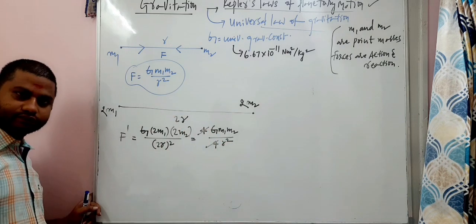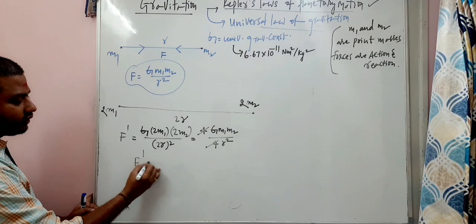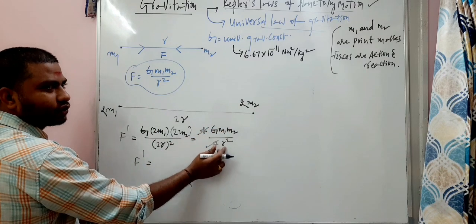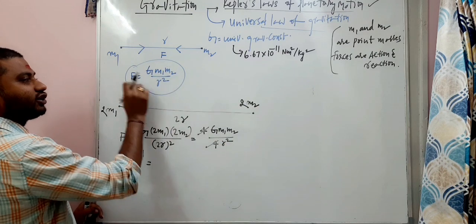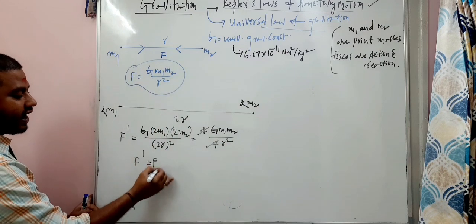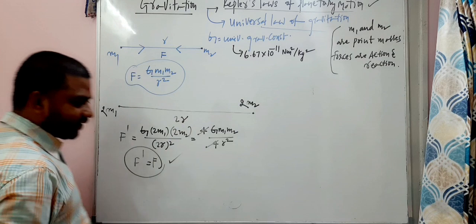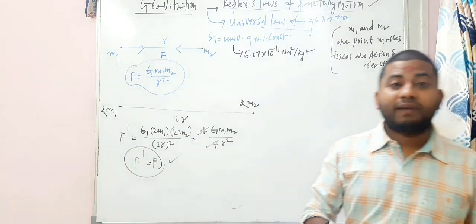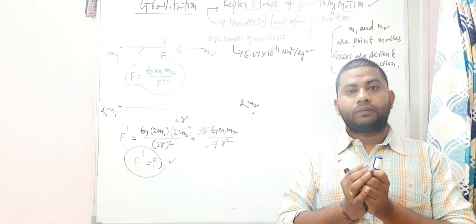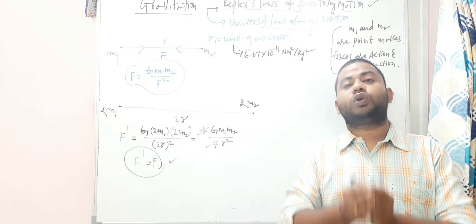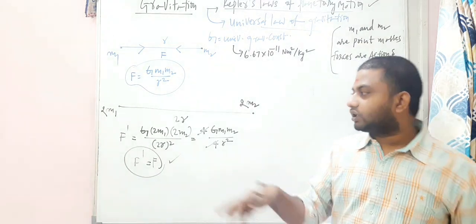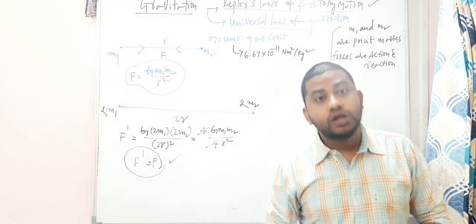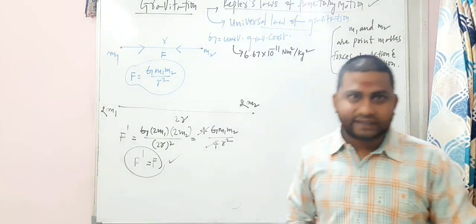The 4 cancels. The new gravitational force in the second case is equal to G m1 m2 by r square, which is already F, my dear students. Look at this very interesting expression. When the masses are doubled and the distance between them is also doubled, the new gravitational force is exactly equal to the old gravitational force, right?